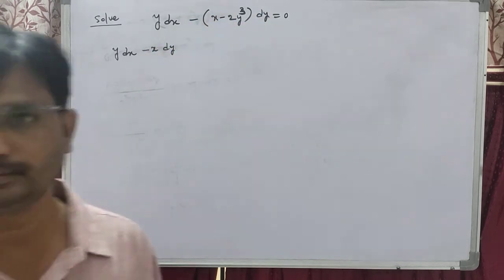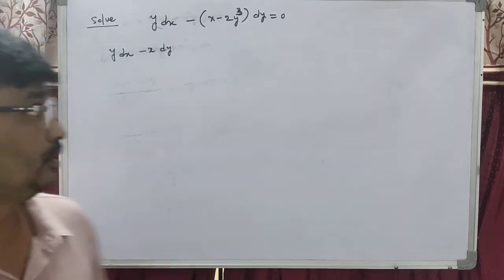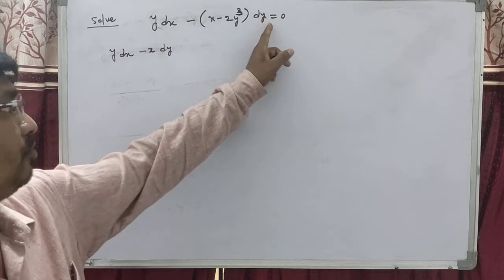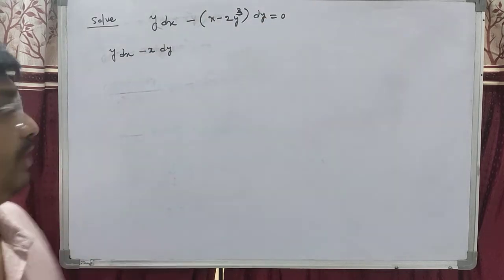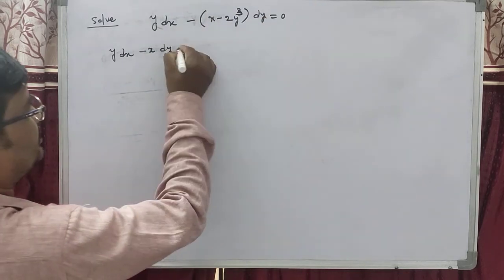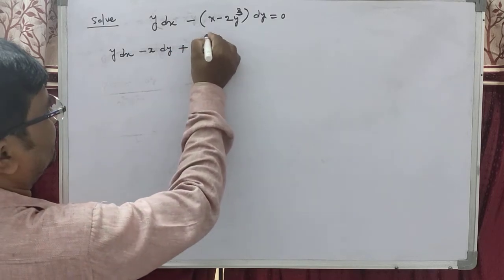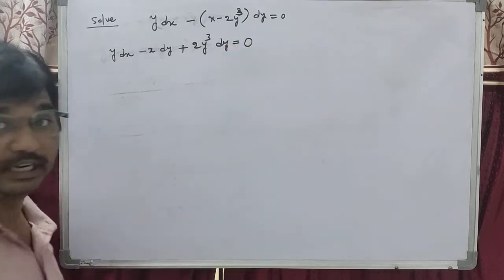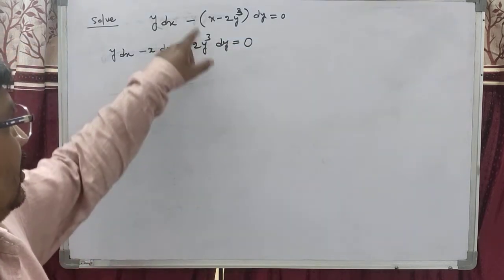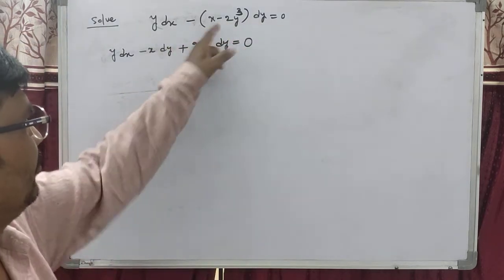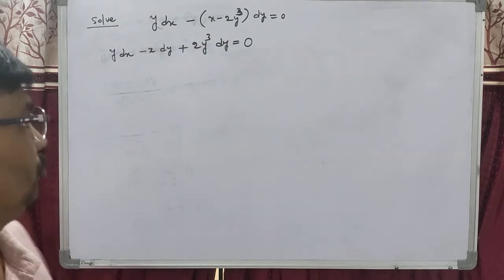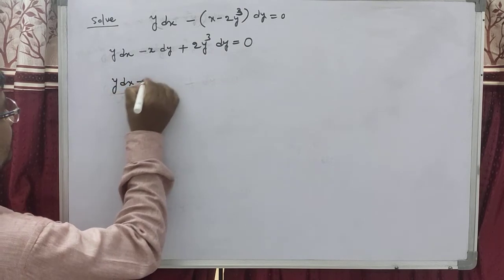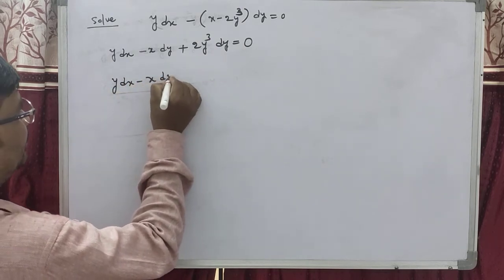First you have to multiply with this, minus x dy. Minus into minus plus 2y cube dy. Do you understand, students? Here x dy, minus into minus plus 2y cube. Here there is y dx minus x dy.